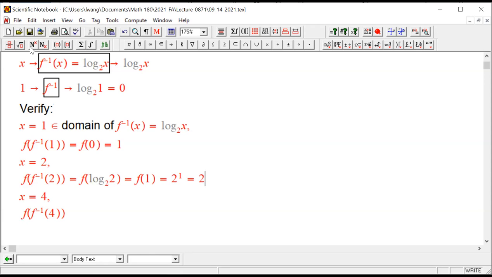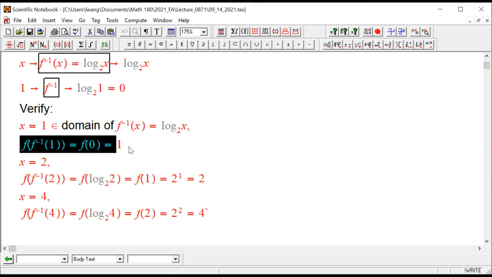And the next one: this 2 will plug into the inverse function, which will give us log base 2 of 4. Log base 2 of 4 equals 2. And F is 2 to the power x, so 2 to the power 2 equals 4.